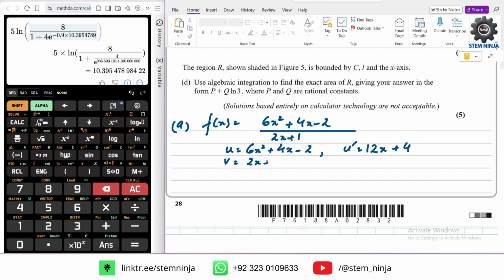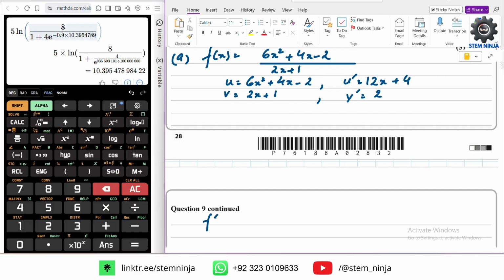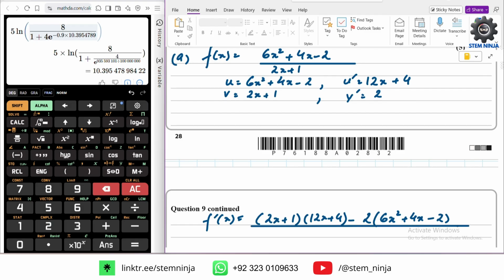V is 2x plus 1. V prime would be 2. So f prime of x, vu prime minus uv prime: you have 2x plus 1, 12x plus 4, minus 2 times 6x squared plus 4x minus 2, divided by 2x plus 1 whole square.